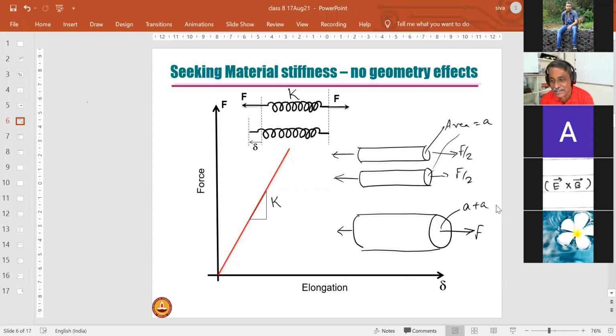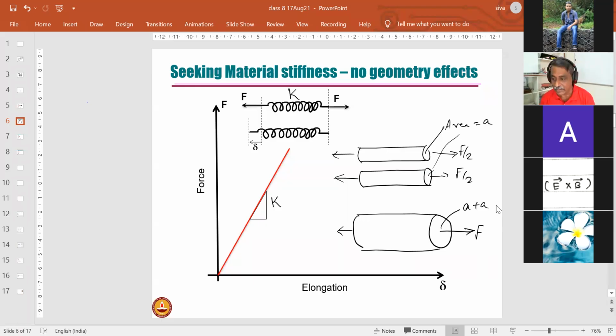Shall I repeat this once more? If I take two pieces of area A, small area A, and apply F by 2, but I take another, let's say, elastic band with 2A as the area and F as the force, will I get the same elongation?